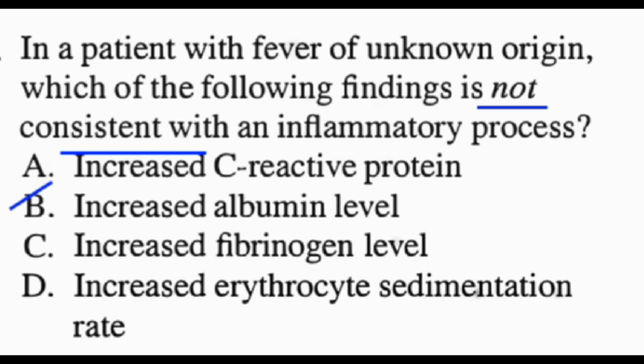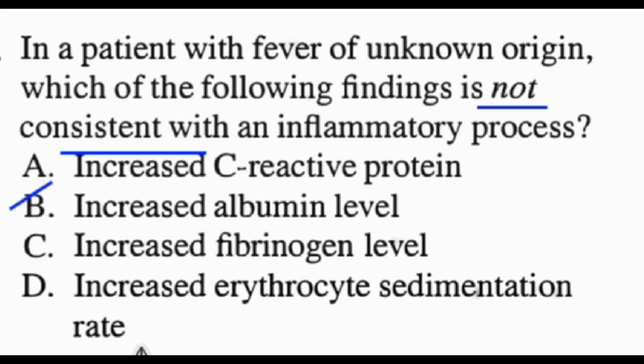It starts making more of certain proteins called positive acute phase reactants. C-reactive protein and fibrinogen are classic positive acute phase reactants, so their levels increase. The increased fibrinogen causes RBCs to clump, which leads to increased ESR.